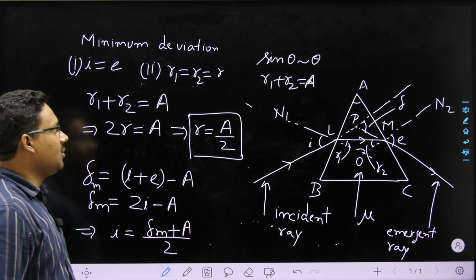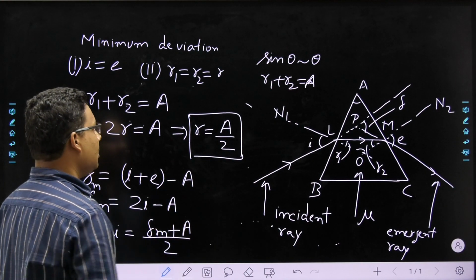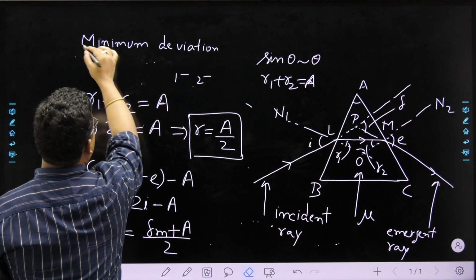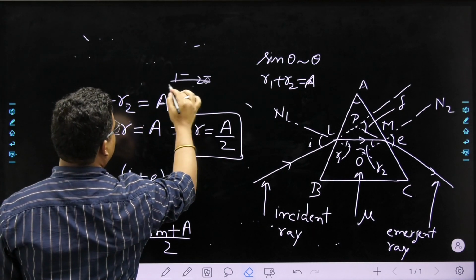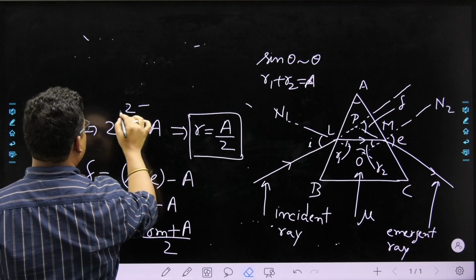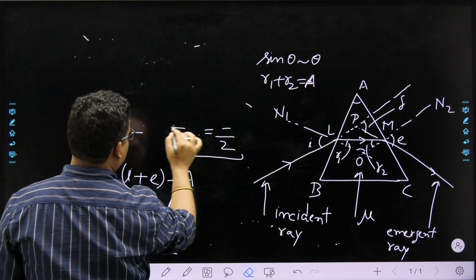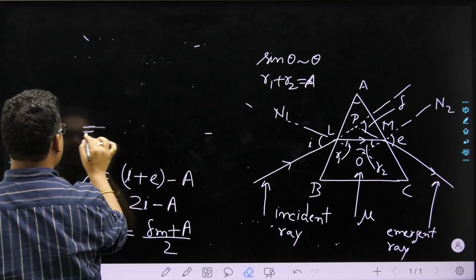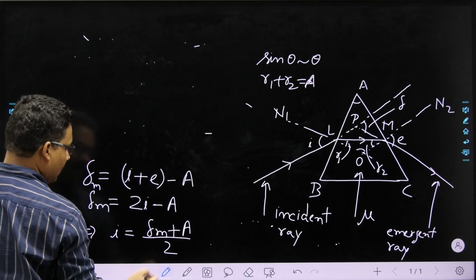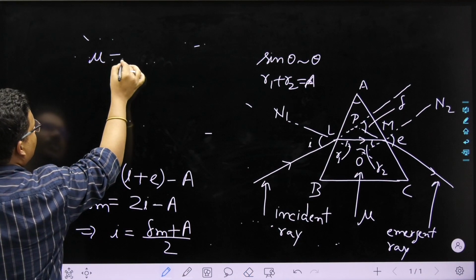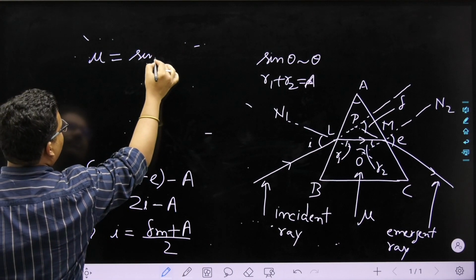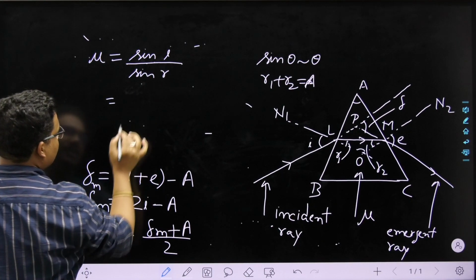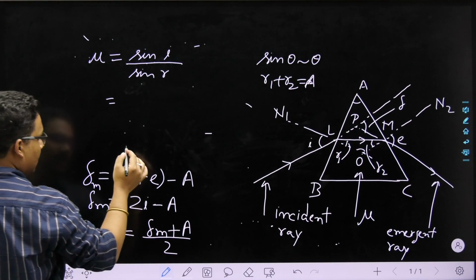So, what will happen with mu? Now, we will find out mu for this one. We know that mu is equal to sine i by sine r, clear. In this case, i is equal to (delta m plus A) by 2.